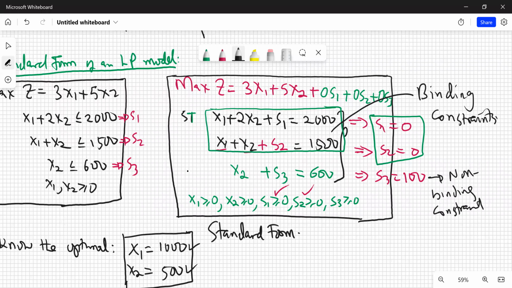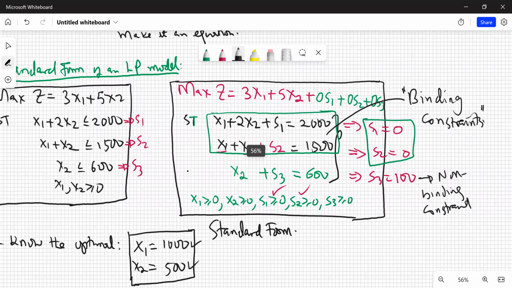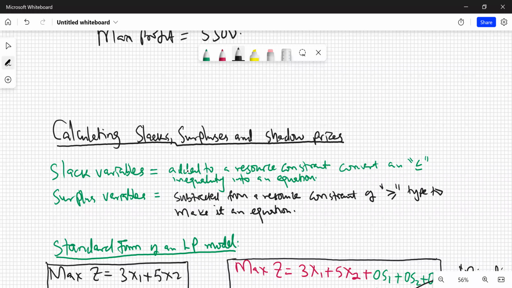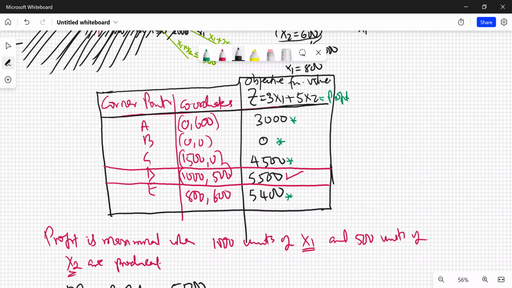Now, a binding constraint is a constraint which passes through the optimal solution. If you check those two graphs, I mean those two lines, remember, let's go up.